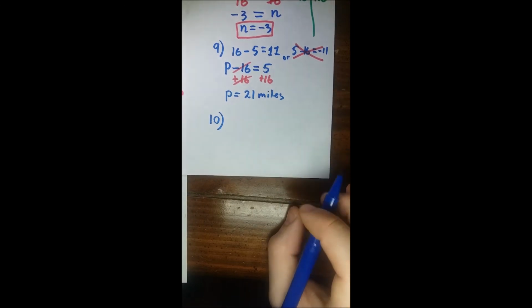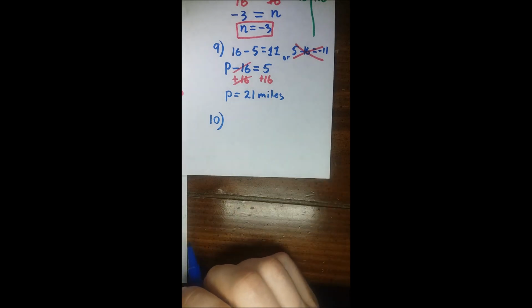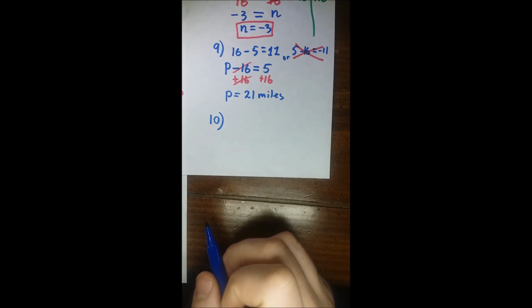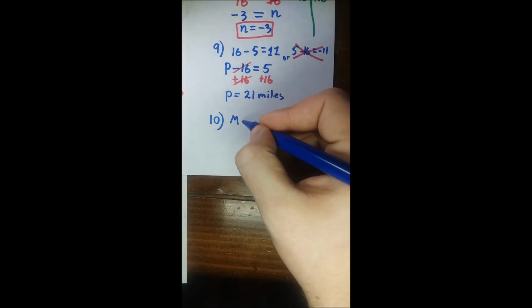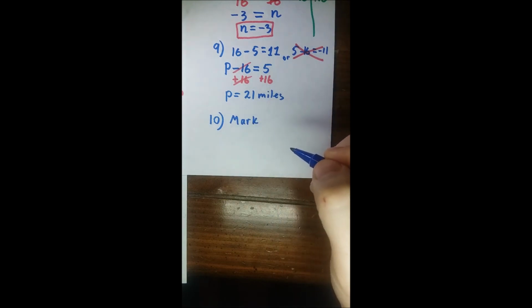Question number 10. Mark and 8 of his friends went out to eat, and they decided to split the bill evenly. Each person paid $15. What is the total bill? So the answer here is Mark and 8 of his friends. Well, we don't know their names, so we can just randomly call them different names.